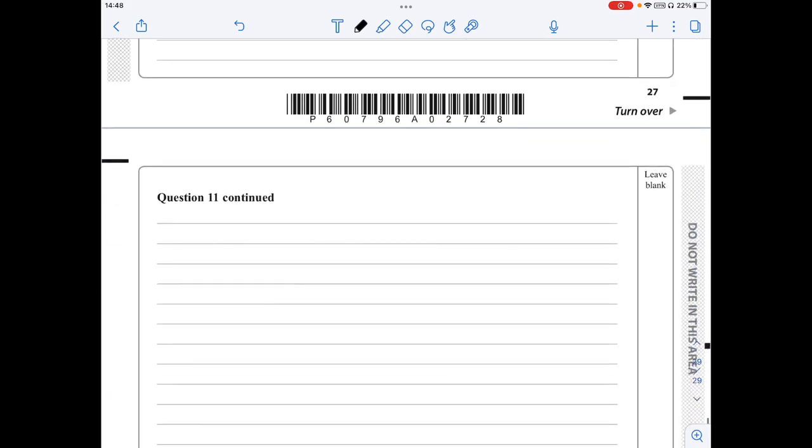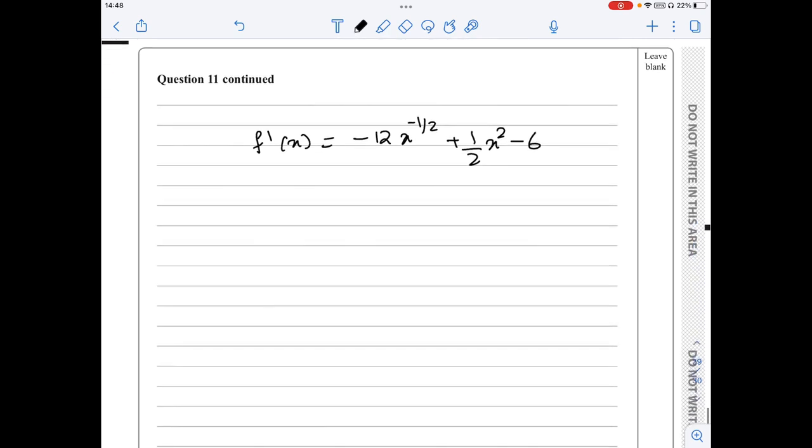So what is f prime x? F prime x will become negative 12 x power negative 1 upon 2 plus 1 upon 2 x square minus 6. Now integrate it further. F of x equals negative 12 x power 1 upon 2 upon 1 upon 2 plus 1 upon 2 x cube upon 3 minus 6x plus d.